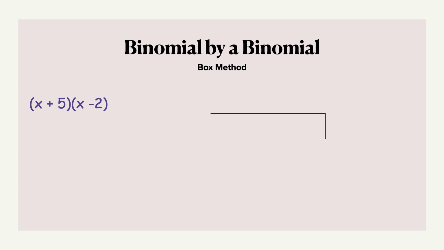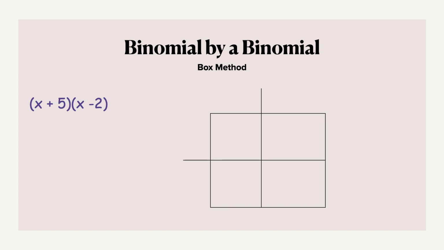So I'm going to have 4 different squares of my box. And it doesn't really matter which one you write horizontally and which one you write vertically. I always start horizontally when I do this. It just doesn't make any difference. I'm going to have x plus 5 here. And then I'm going to have x minus 2 going vertically.